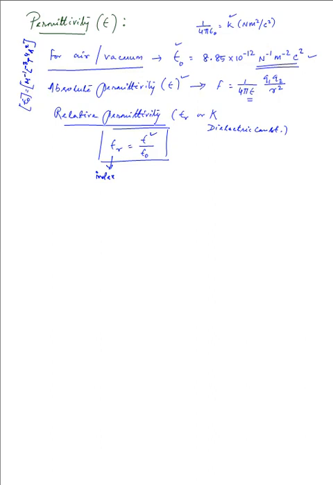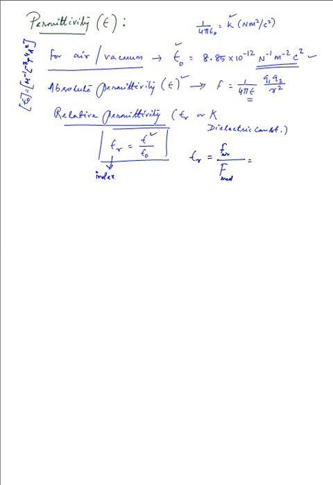Also from this definition, what we can say is that the relative permittivity can be defined as the force between two given charges in air divided by the force between them in that given medium, so that for the same distance of separation between the charges, of course, we maintain the distance.